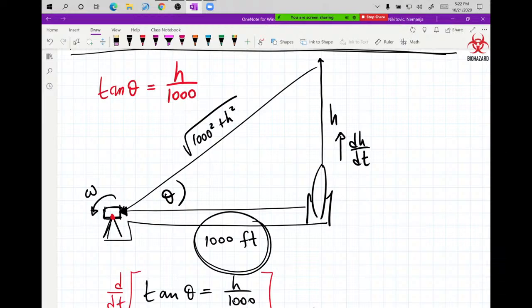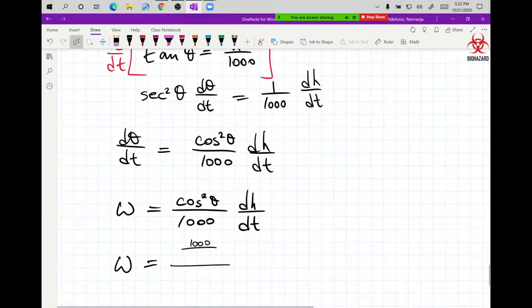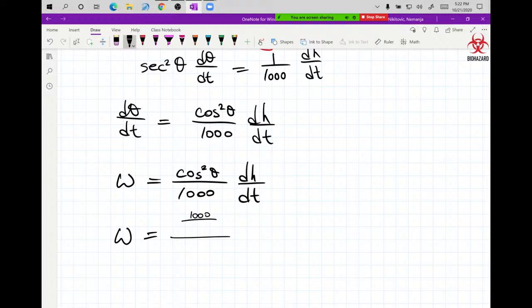So it's going to be 1,000 divided by the square root of 1,000 squared plus h squared. And I need to square all of this because the cosine was squared.